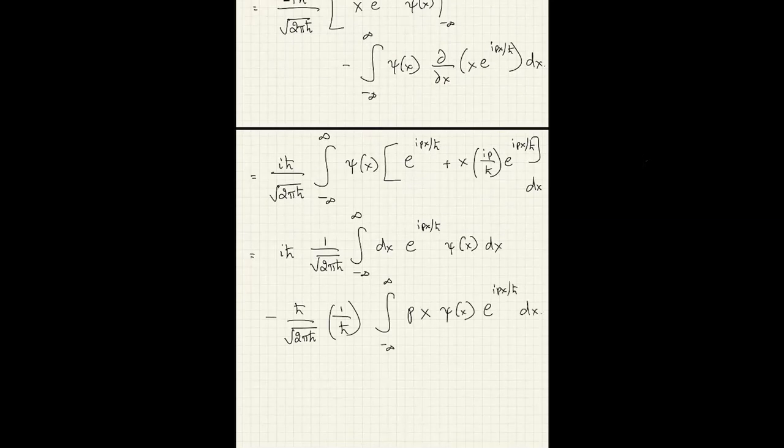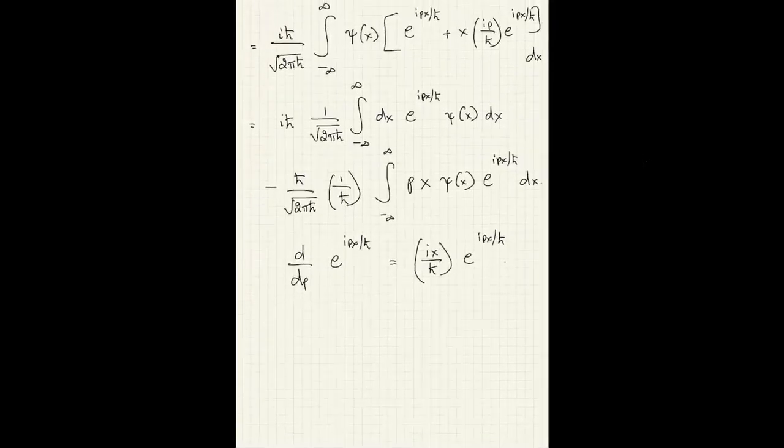Okay. Now notice that I can write this as, so, if I consider d dp of e to the i p x over h bar, this is simply equal to i x over h bar times e to the i p x over h bar, right?